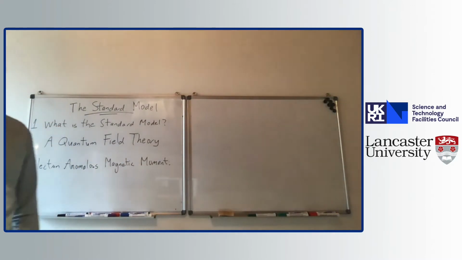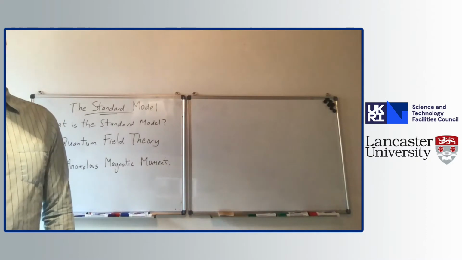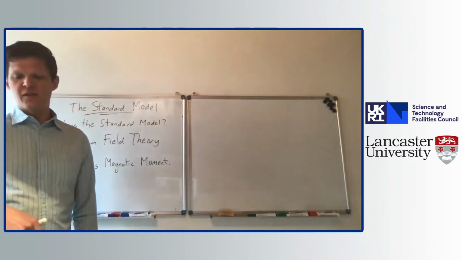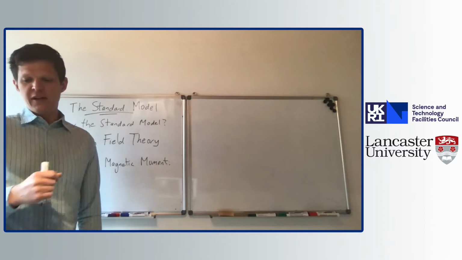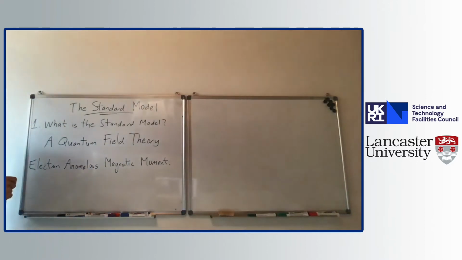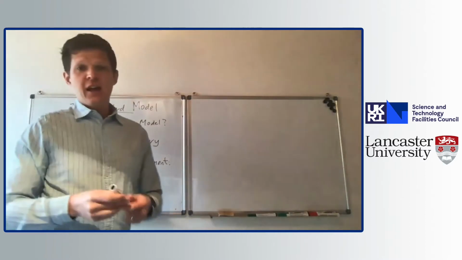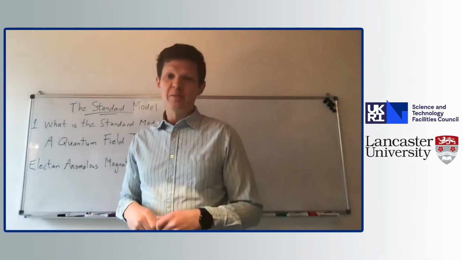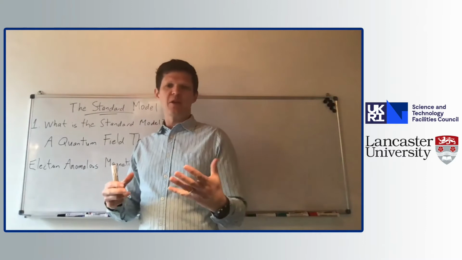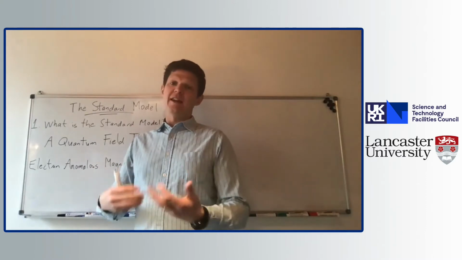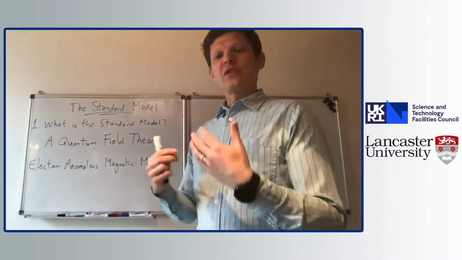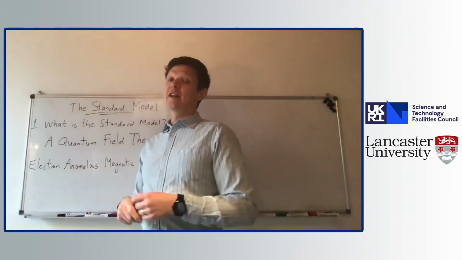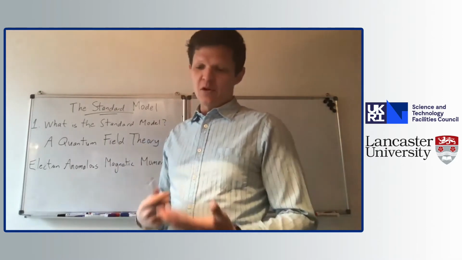And there are truly quantum effects, and it is not the classical result. When we calculate the electron anomalous magnetic moment, all we need is enough smart people. So you get some super smart people who can use techniques like perturbation theory to calculate to a very high degree of accuracy what the standard model predicts for this.